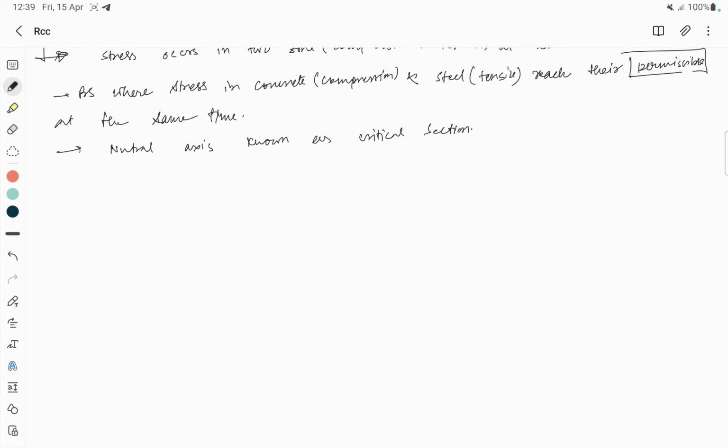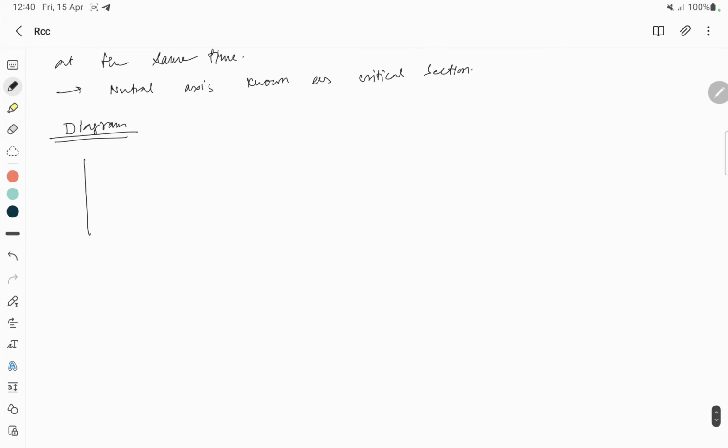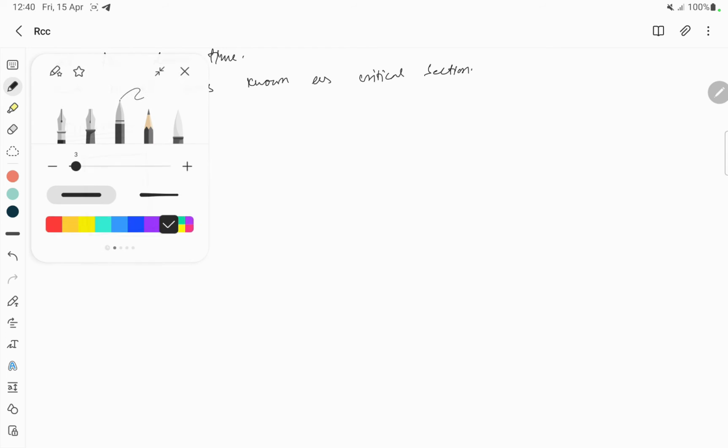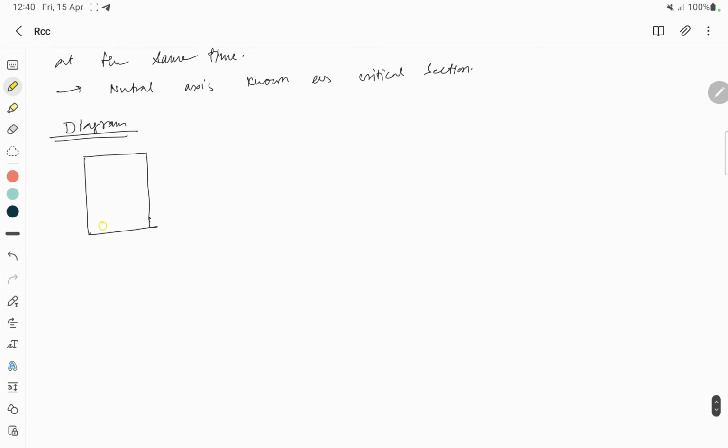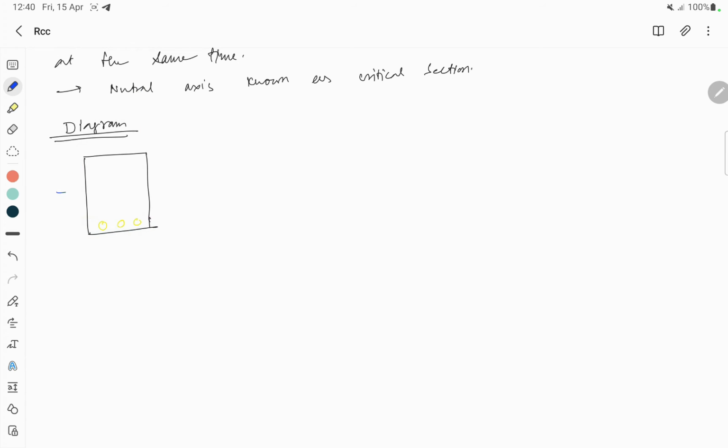so now we draw the diagram. So here this is your beam cross section, and I'm assuming that this is your neutral axis zone. So in balanced section, what happened?